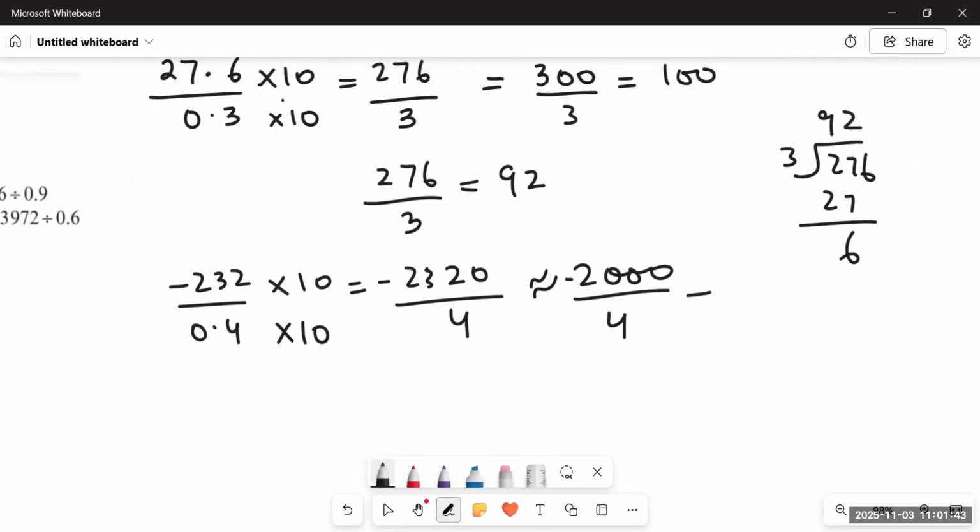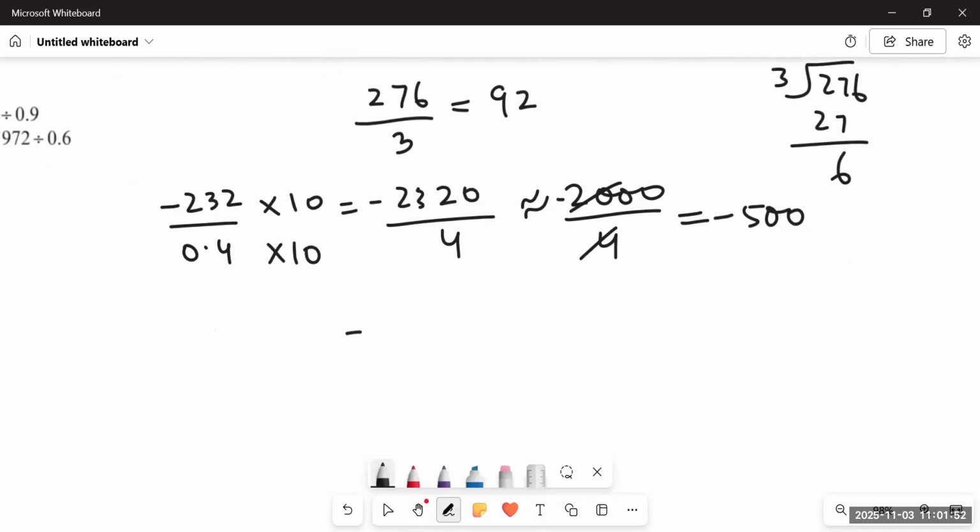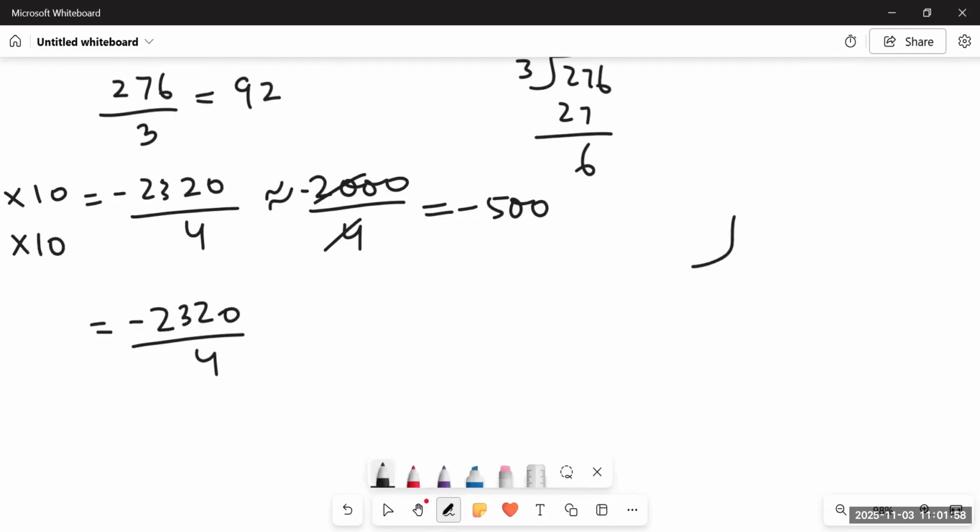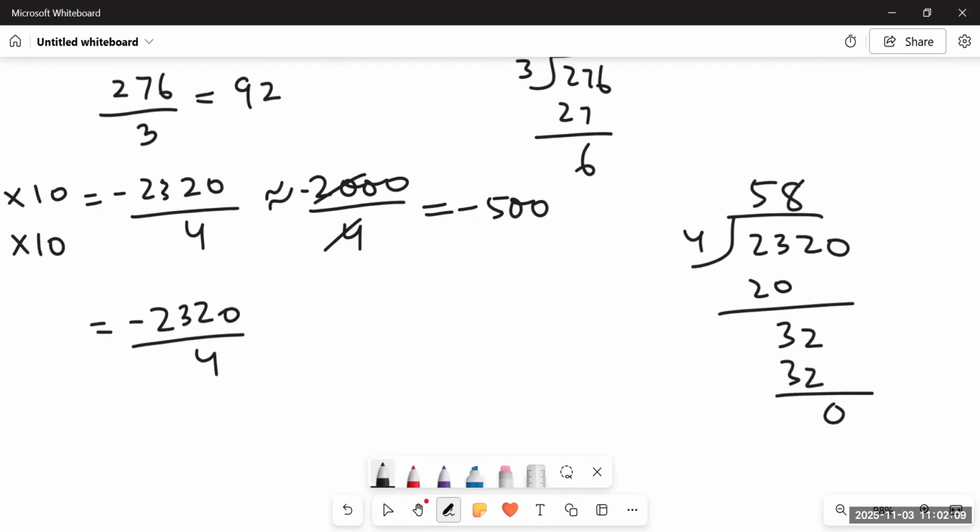And then that's minus 500. Right? And if we go for the actual answer, minus 2320 over 4, here it would be 4 5s are 20. Here comes 32, 4 8s are 32, 0. So the answer would be minus 580. That's all.